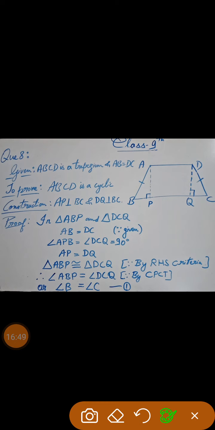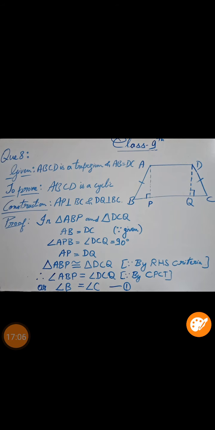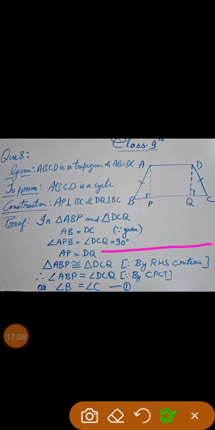One more thing, AP is equal to DQ. How are these equal? You will write the reason: the perpendicular distance between two parallel sides is equal. These two are parallel sides and these two are the perpendiculars.